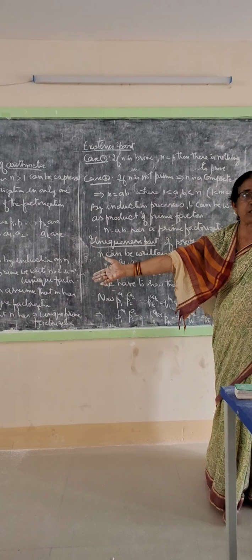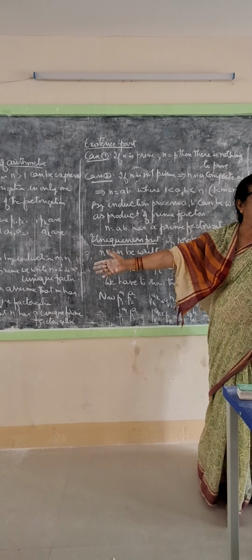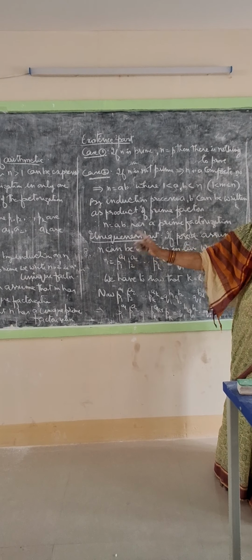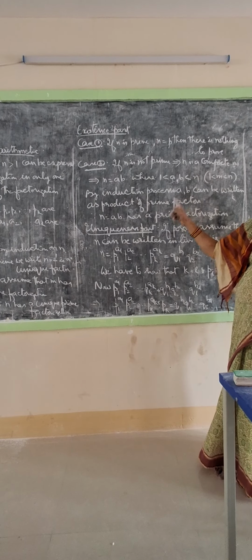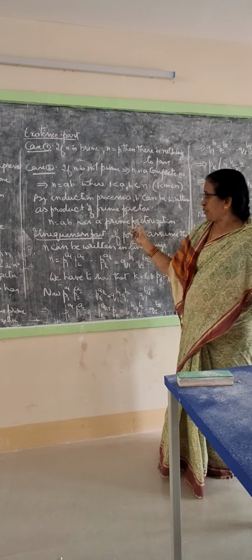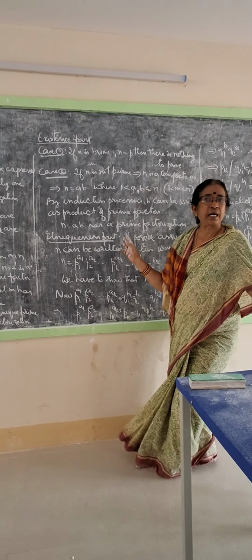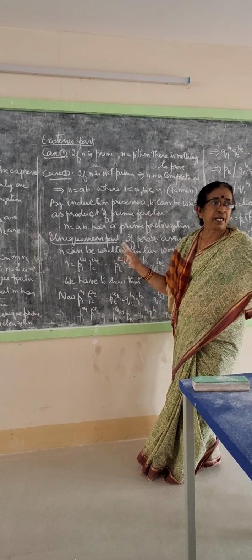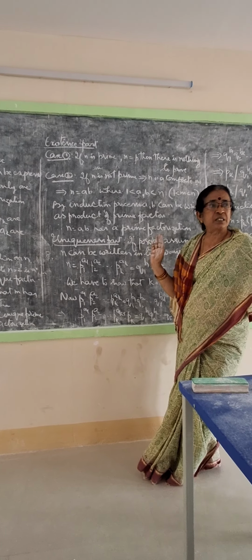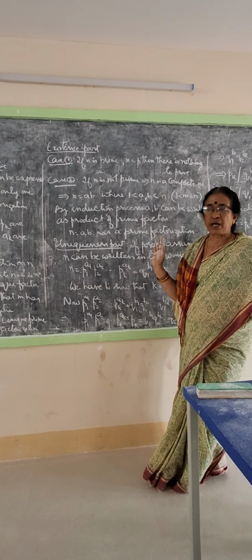By induction, we have assumed that it is true for any integer m lying between 1 and n. Therefore, a and b can be expressed as a product of prime factors. Now we are going to prove that it is unique. n equals ab, and we are going to show that it has a unique prime factorization.